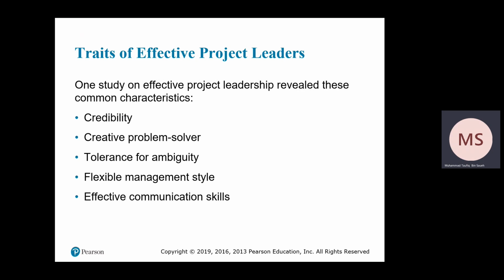And then tolerance for ambiguity. When you run a project, there are lots of uncertainties, or things that you don't know. When you start a project, there are lots of things that you don't know will happen. You can predict, but you don't know whether it will happen or not. So you must be able to accept the uncertainties of the project, or else you cannot take the risk.